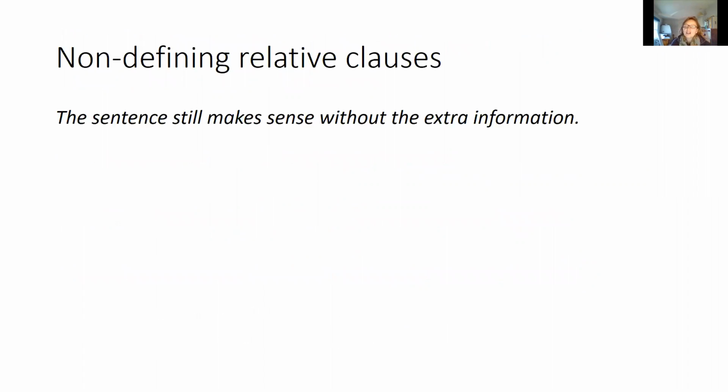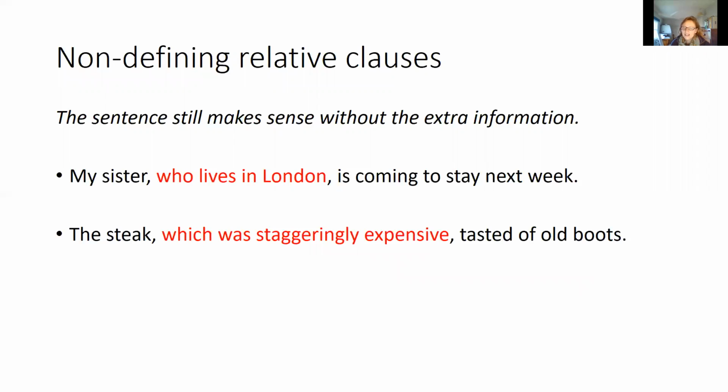There are two different types of relative clauses. The first type we're going to talk about are non-defining relative clauses. So this is one where the sentence will still make sense even if you don't have the extra information. So we can take it out and it still makes sense. So for example, my sister who lives in London is coming to stay next week.